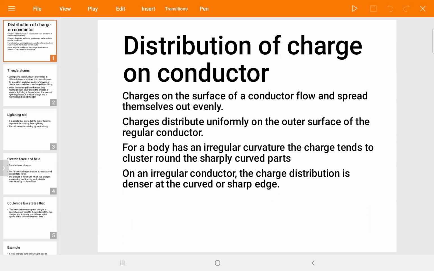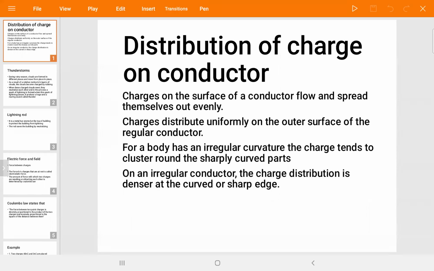These mechanisms are rubbing or friction, conduction for conductors, and induction. They help us make a body electrically charged, positive or negative, changing a neutral body into a charged body.